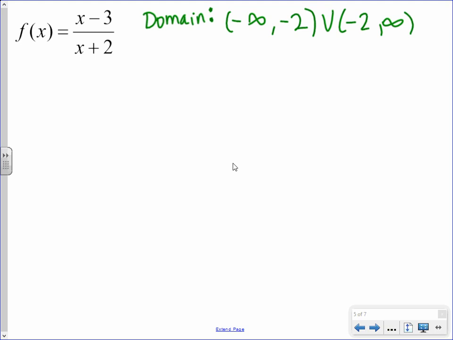So, if we wanted to identify the range right now, we would have to remember where that horizontal asymptote would be, so we could exclude that from our range. Okay? How do we figure out where horizontal asymptotes are? We don't have to do the inverse to figure it out, but we'll eventually figure it out when we get the inverse. You are right.